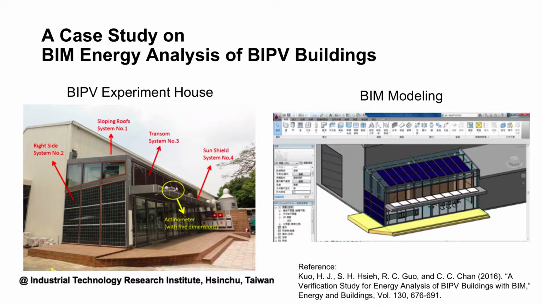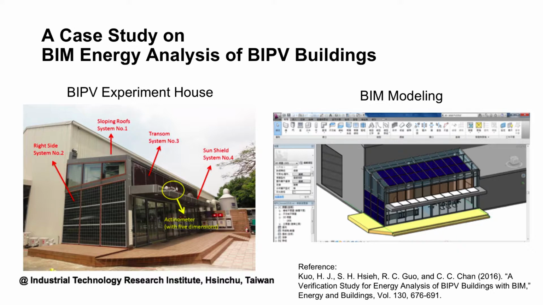In this case study, a BIPV experiment house of the Industrial Technology Research Institute at Hsinchu, Taiwan, is used to study the BIM process for modeling and conducting energy analysis of BIPV buildings and confirming the accuracy of the analysis.